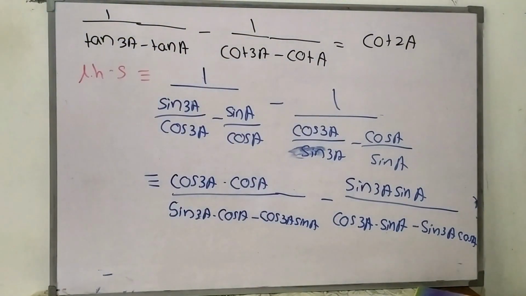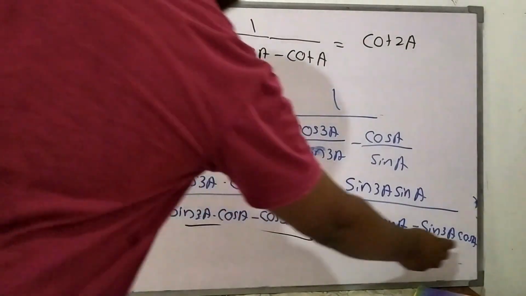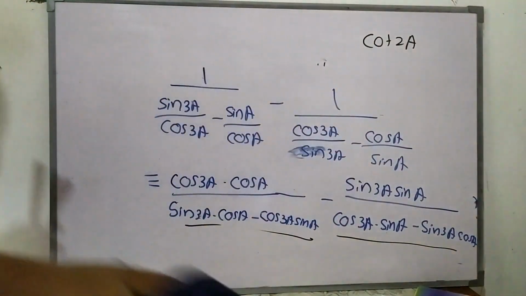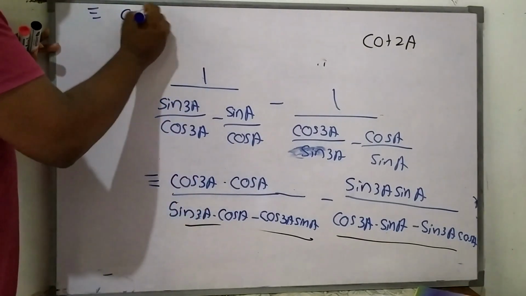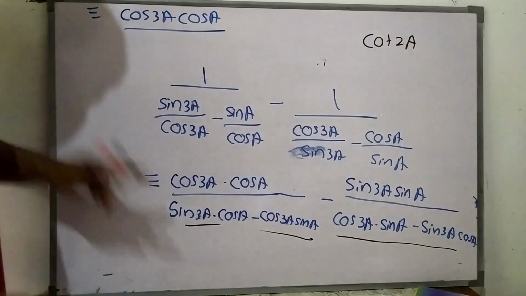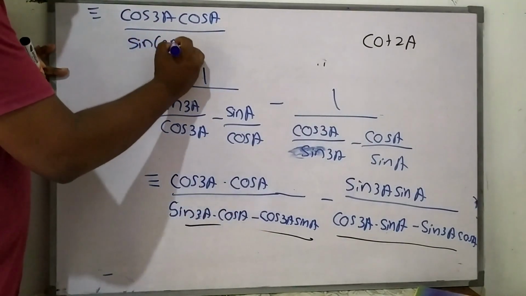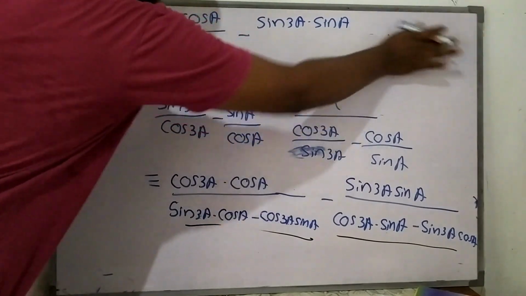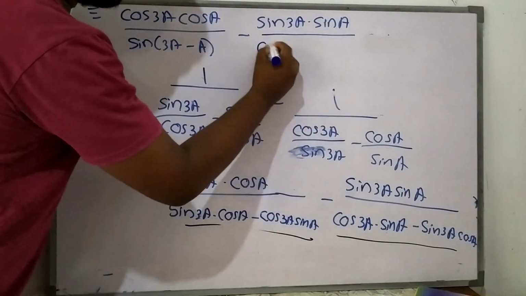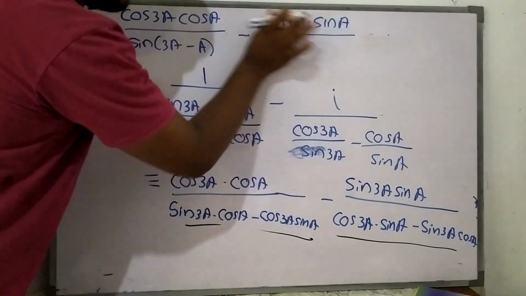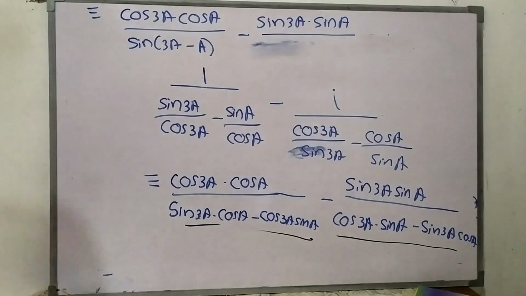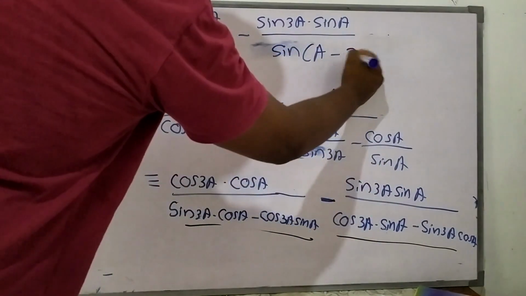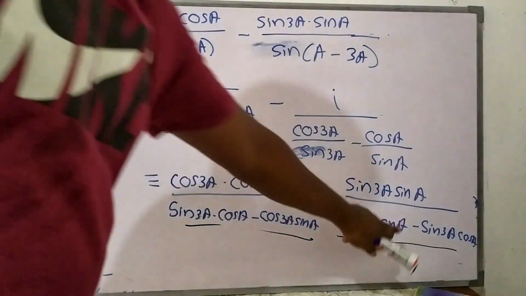Alright, so what is the denominator? So it is actually cos 3A cos A over, this is sine 3A minus A. So this is sine 3A sine A over, this is again, sorry, sine A minus 3A, because it's always sine cos sine.